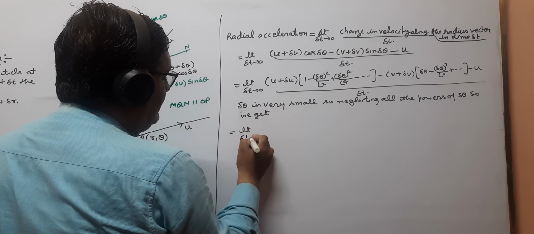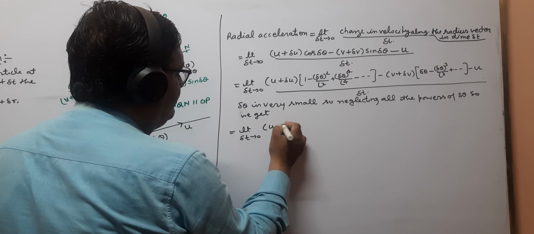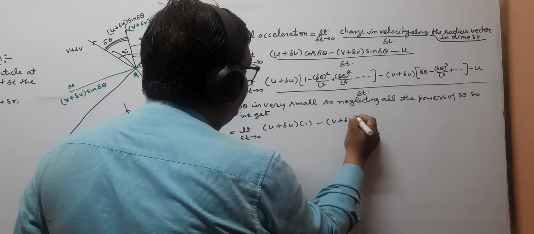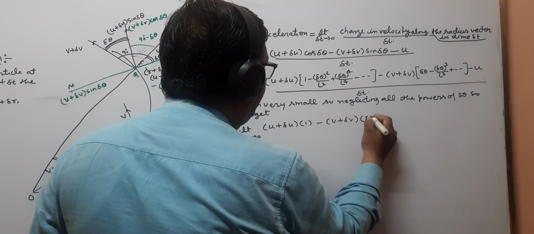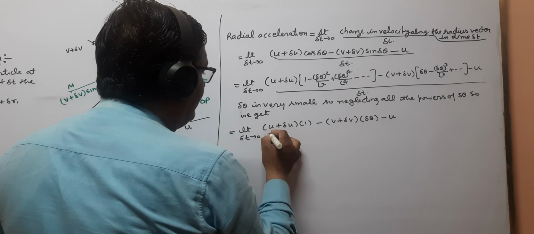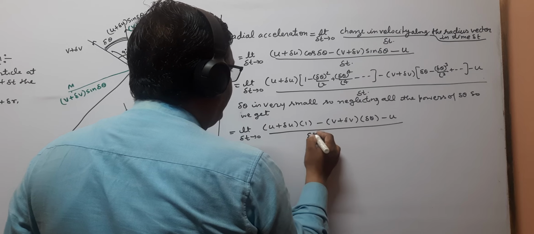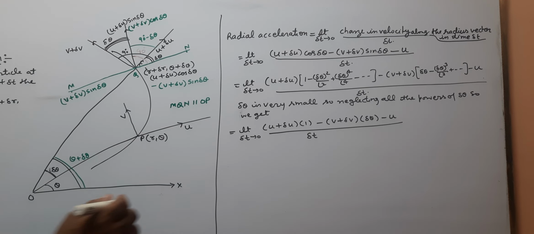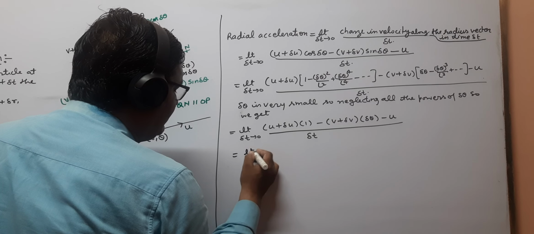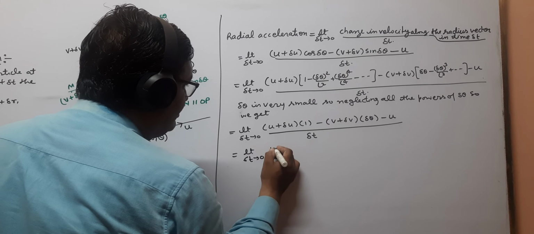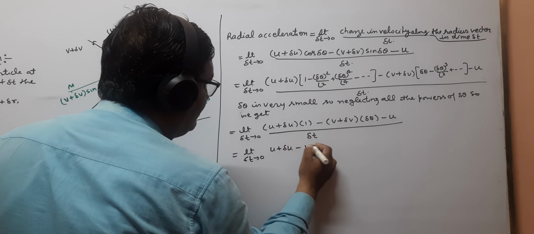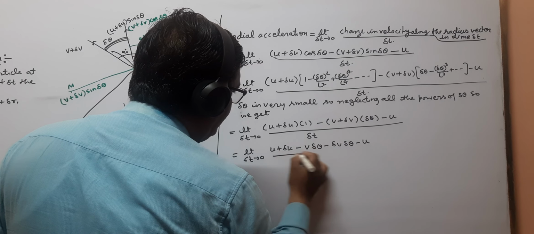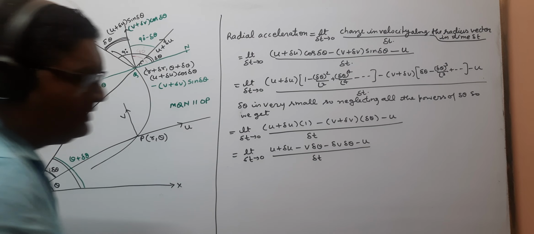we get limit del t tends to 0, u plus del u multiplied by 1 minus v plus del v multiplied by del theta minus u, divide by del t. Now this can be also written as limit del t tends to 0, u plus del u minus v del theta minus del v del theta minus u divided by del t.